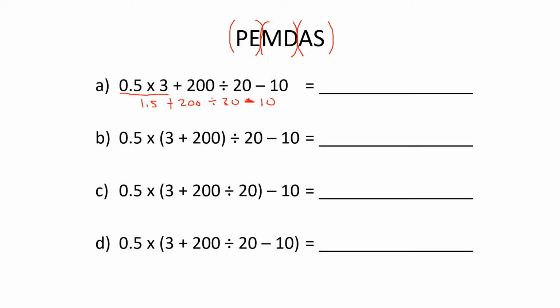So I'm just going to rewrite everything. All right, what's the next thing we can do? Yep, so 1.5 plus 10 minus 10. All right, now we're just left with addition and subtraction, right? So we can just do it from left to right. 1.5 plus 10 minus 10 equals 1.5. There we go. That's not right.